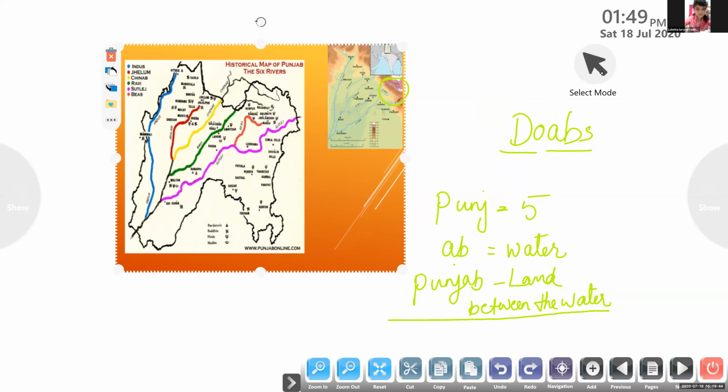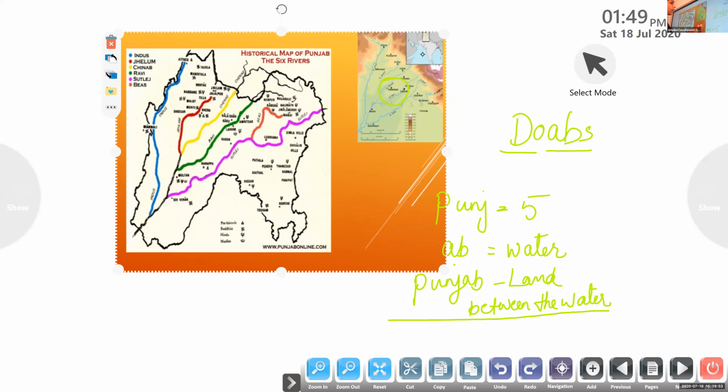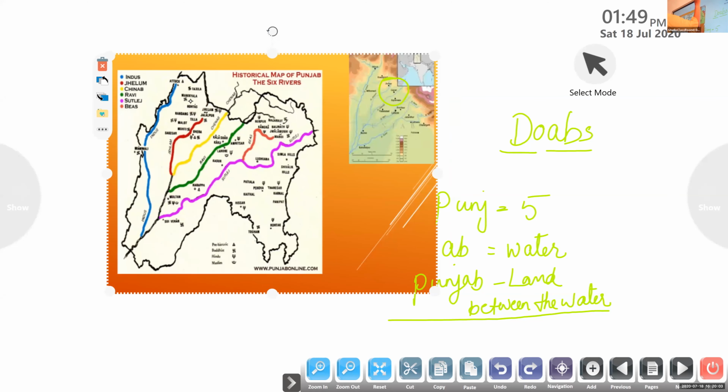Then this Punjab plain is dominated by Doab. One sentence is there in your textbook. What is the meaning of the sentence? This is the Punjab plain, right? In between the rivers, here you have land, plain area.